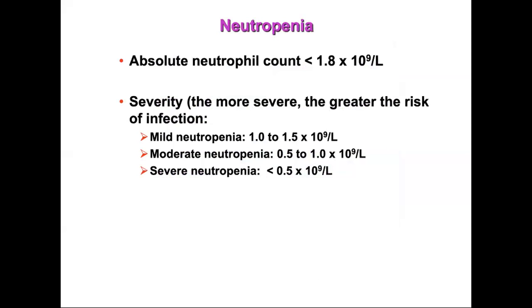So this is when we take into consideration the ANC, the absolute neutrophil count. And neutropenia, because of the decrease in neutrophils and in what the neutrophils do, could be dangerous if it gets really, really low. So there's mild, moderate, and severe neutropenia. Severe neutropenia could be very, very dangerous. So those are the counts.